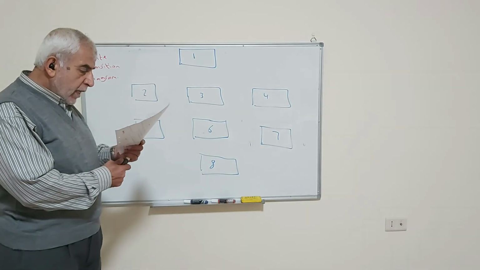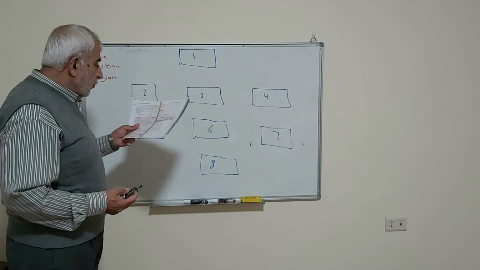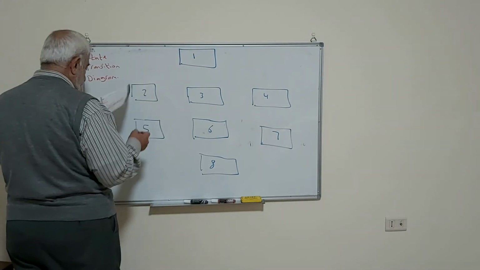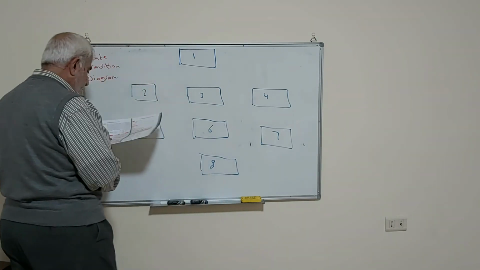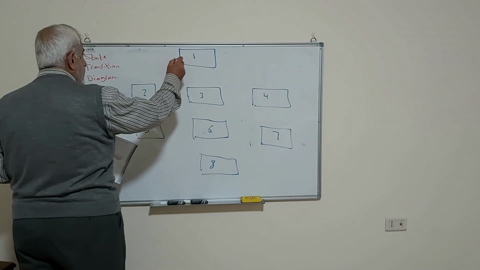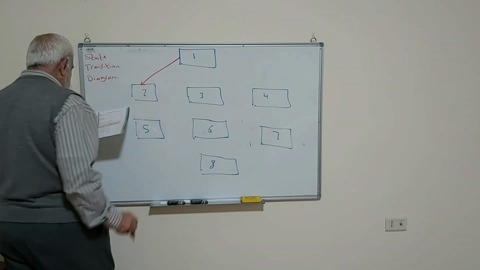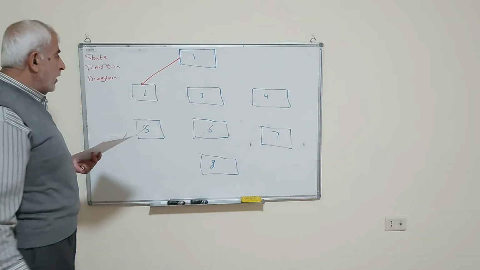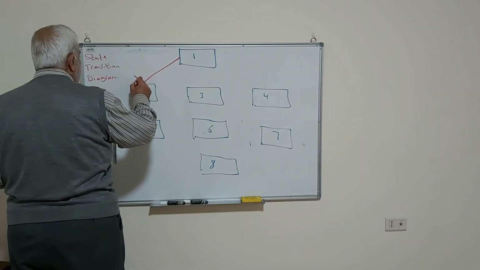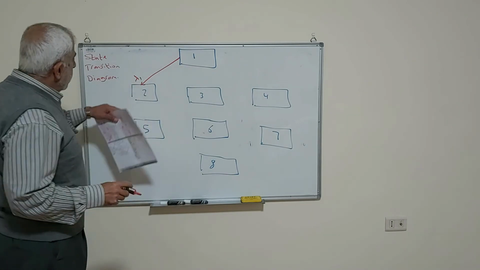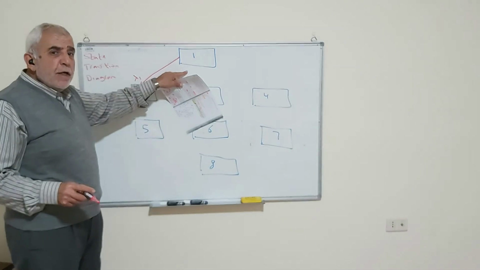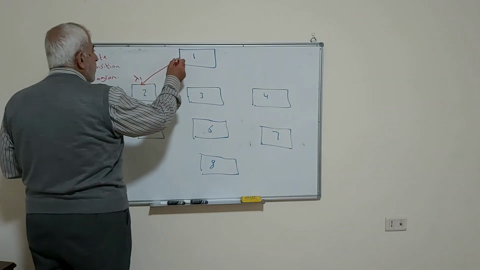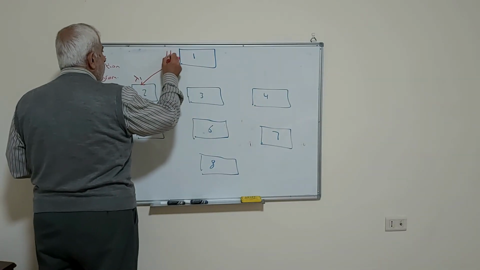Now, I can move from state 1 to state 2, that is when unit 1 has failed. It means I have here lambda 1. Now I can move from state 2 to state 1 by repairing unit 1. Therefore I have here mu 1.